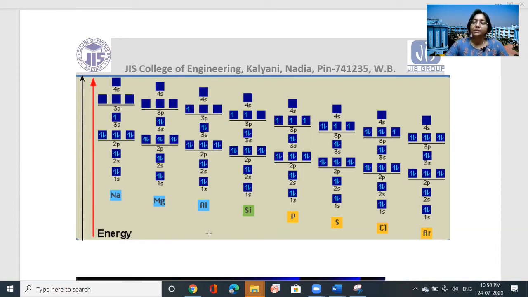For s it is less, but when it moves to higher subshells like p or d, like 3p, the energy level is increasing. And when it is near the nucleus, like 1s, 2s, the energy level is also less. When it is far from the nucleus, the effective Z is less, but the energy level is increasing.